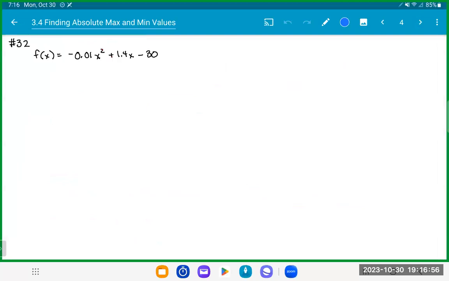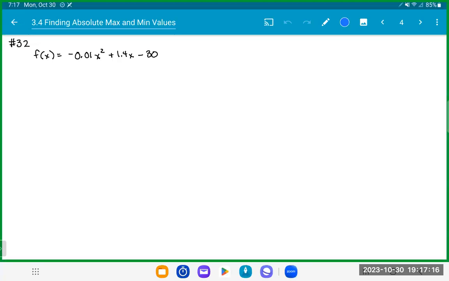Okay, so the next problem, this is problem number 32 in our textbook. The directions here are asking us to find the absolute extrema of the function, if it exists, over the indicated interval. It also wants us to indicate the x value at which each occurs.